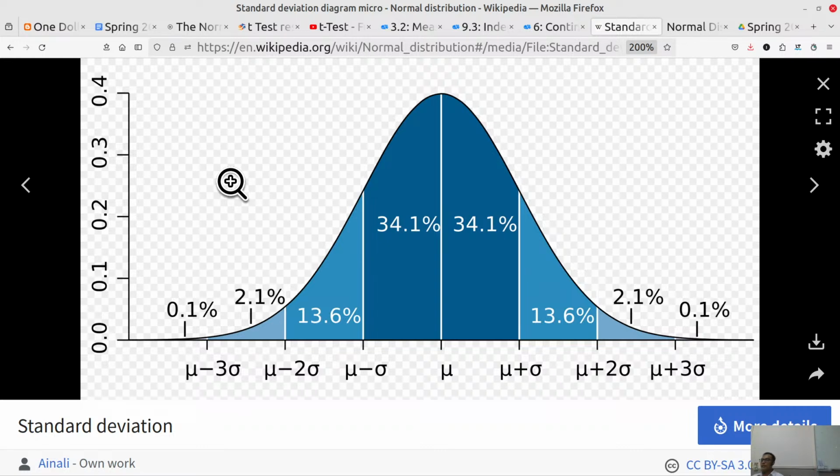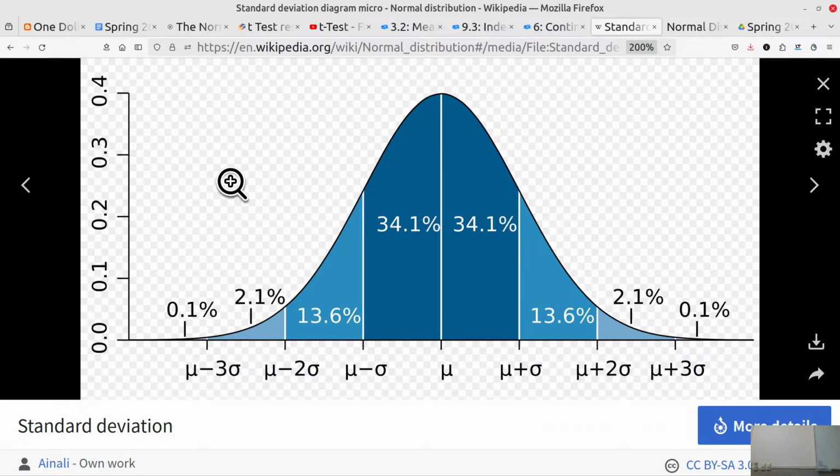Okay, here is another important piece of information about the 95% of the population or the samples within plus or minus 2 standard deviations. Again, watch this bell shape.